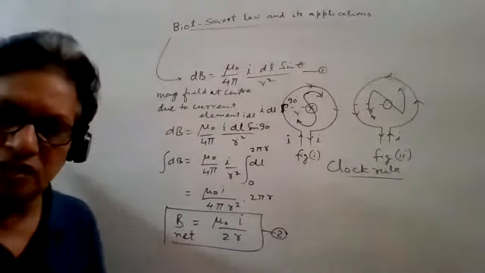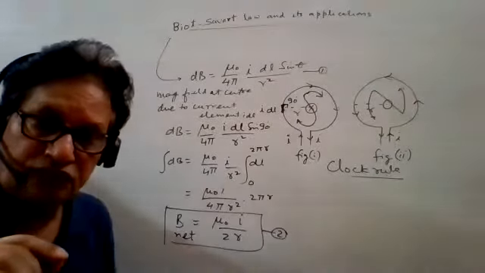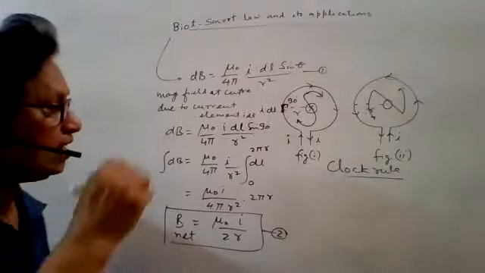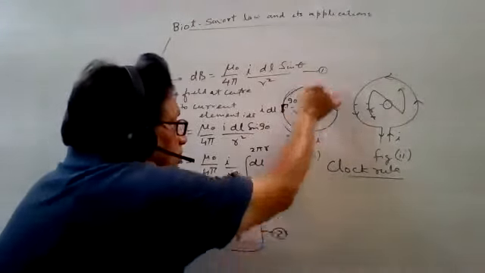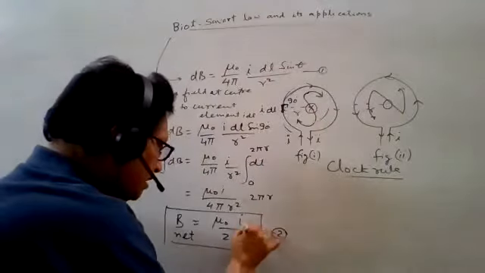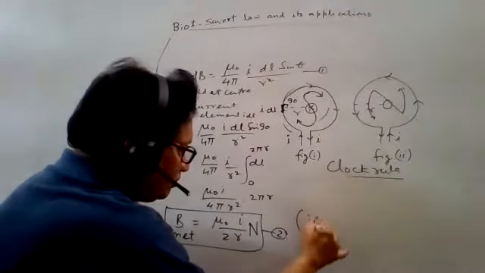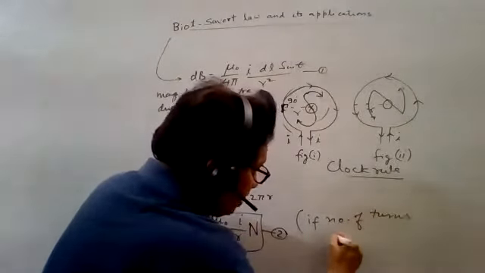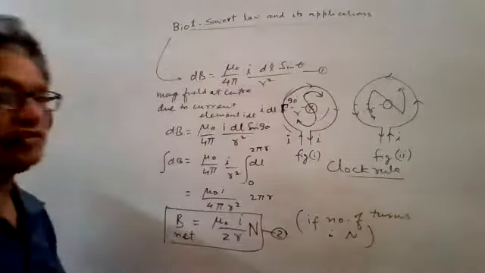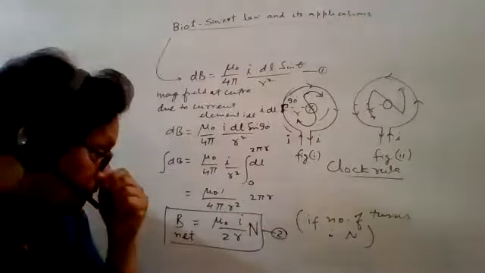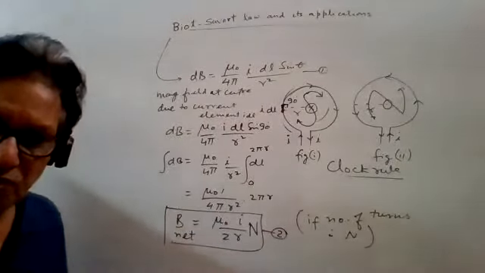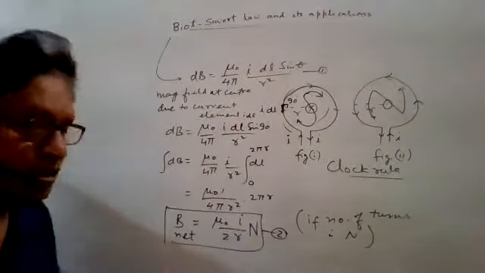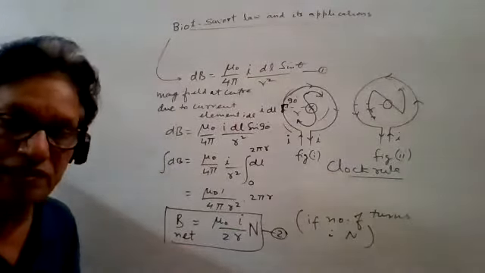We have taken a single turn for simplicity. If there are more turns, suppose N turns are there, simply multiply mu naught I upon 2r with N. N is the total number of turns in the circular coil.